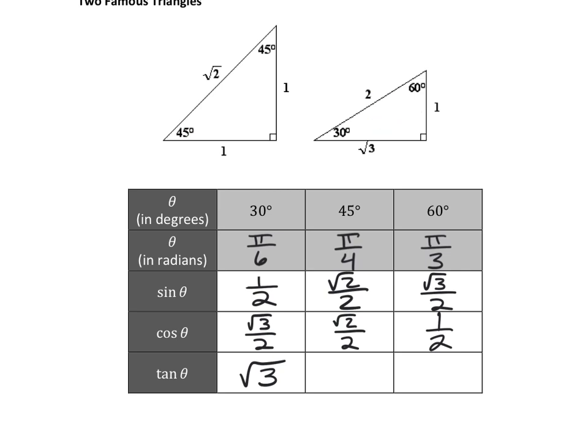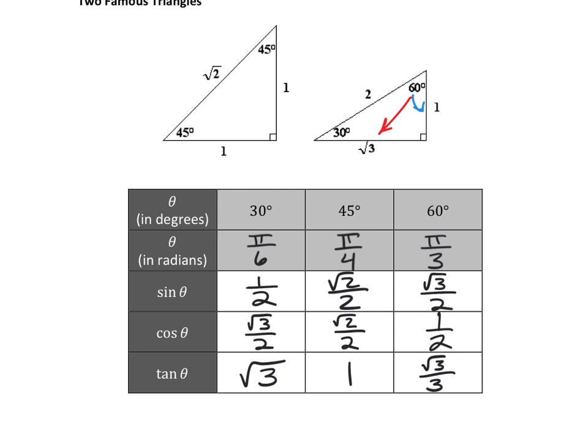Tangent of 45 would be the opposite over the adjacent, which is 1 over 1. Just 1. And last but not least, tangent of 60 would be the opposite side over the adjacent side. It would be 1 over square root of 3. But when we rationalize that denominator, it'll be square root of 3 over 3.